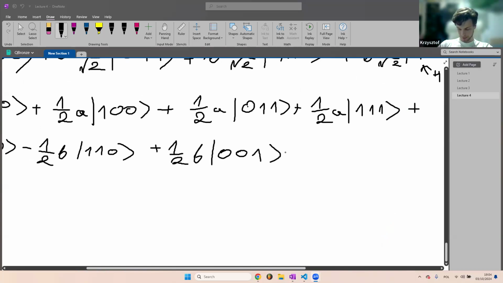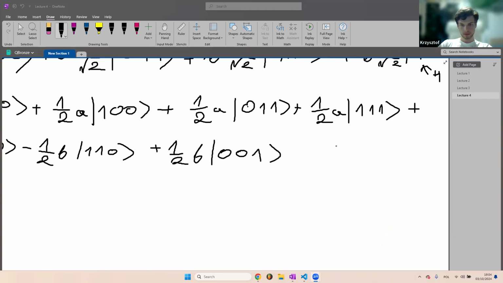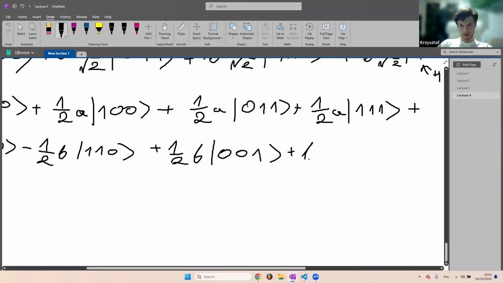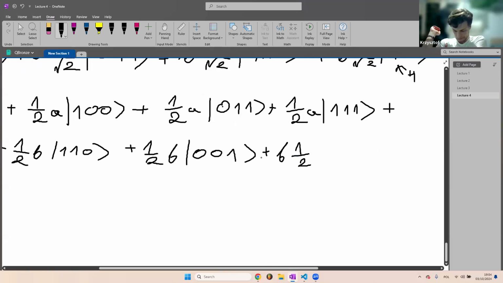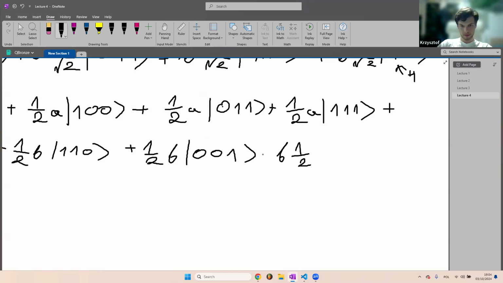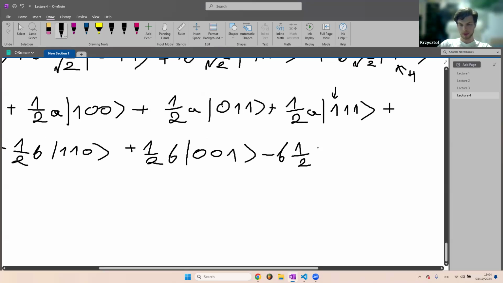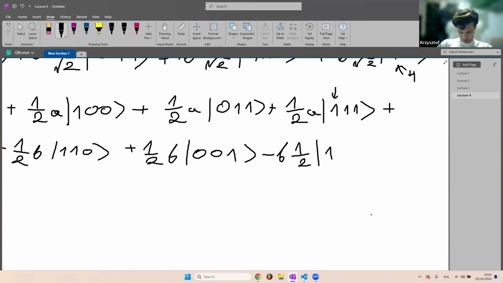So we have now b 1 over 2 and 1 over 2, but minus because of the Hadamard applying here. 1, sorry, yes, 1. No, it's a 1, 1, 1.